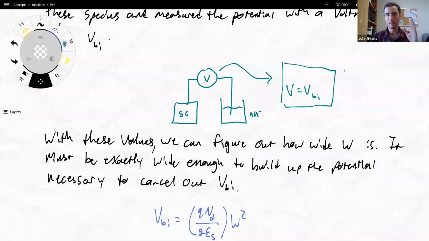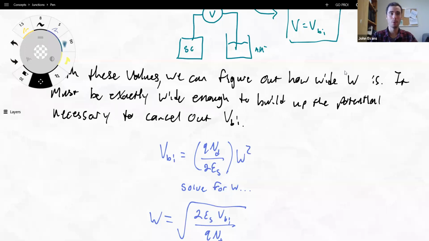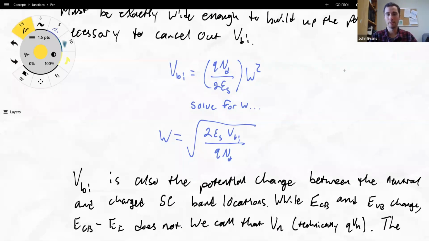It needs to be exactly wide enough to build up enough potential energy to cancel out VBI. Thus, we can solve for how wide it needs to be. So we can take our expression for the built-in voltage, and we just solve for W. And we get this expression here, that the depletion width is going to be equal to the square root of 2 times our dielectric constant times our built-in voltage, which again is pretty easy to measure, divided by our charge density.